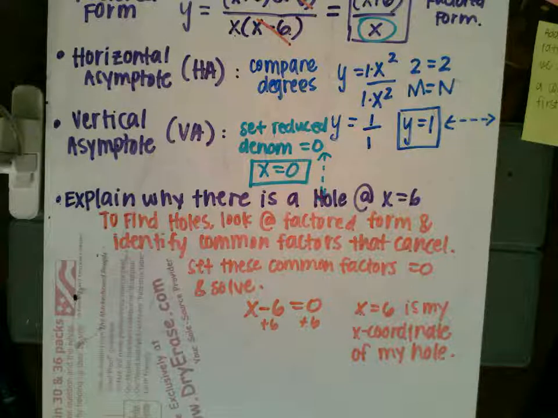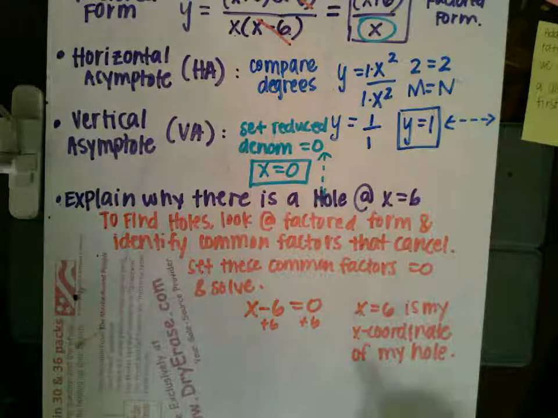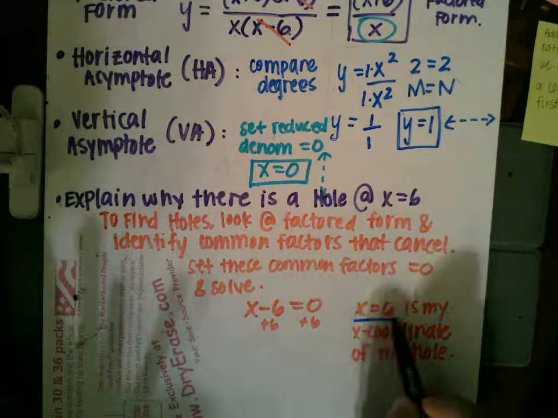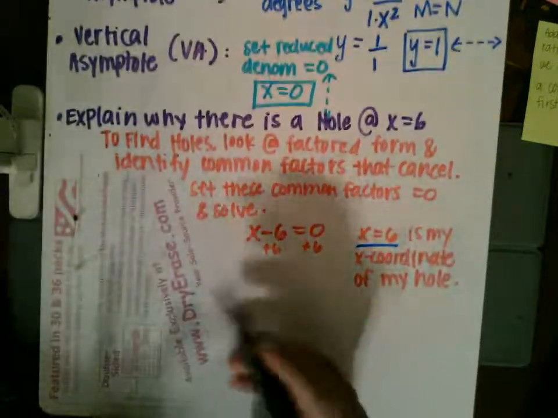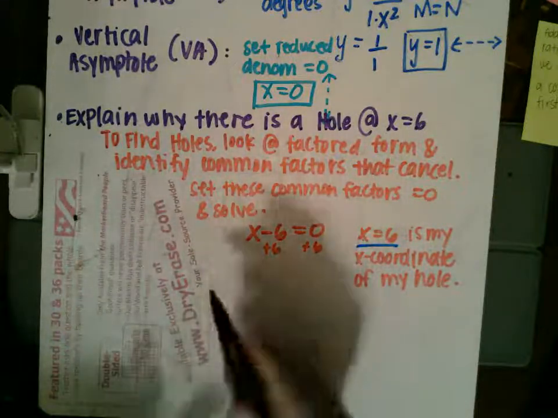Okay, now something this question did not ask for, but it comes up with the domain and range, would be, where is the y coordinate of your hole? So once you have the x coordinate, and this is just a side note that you guys might want to keep in mind and handy.